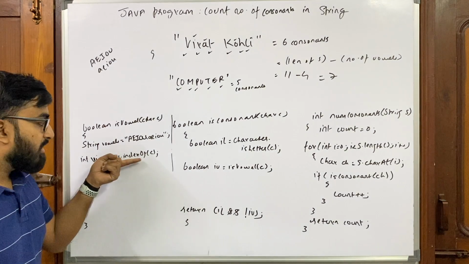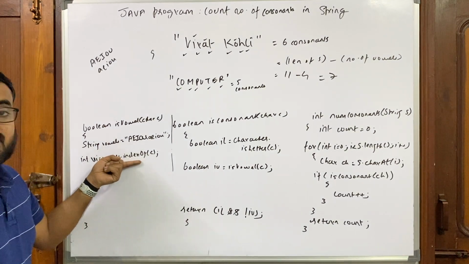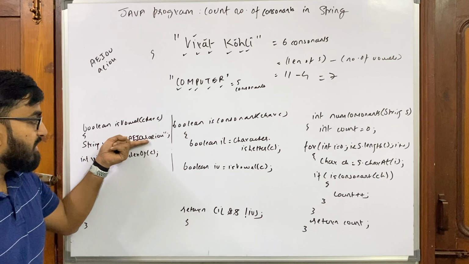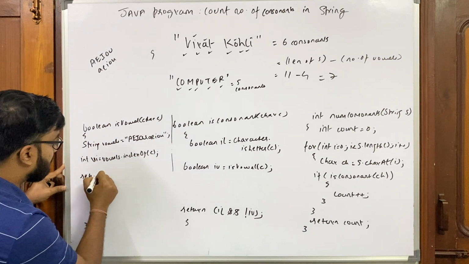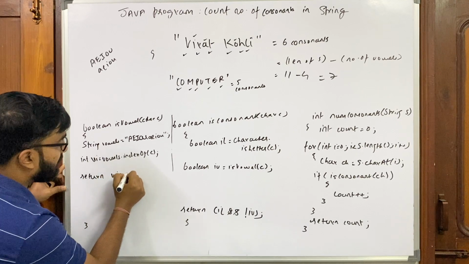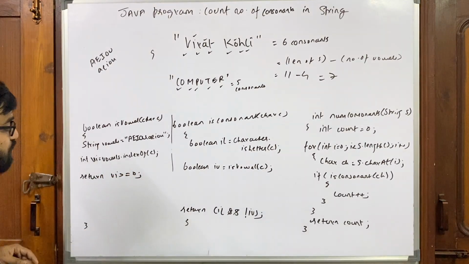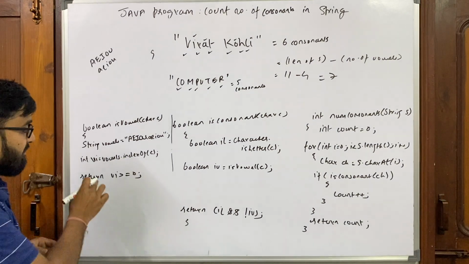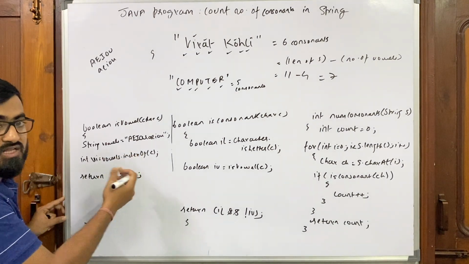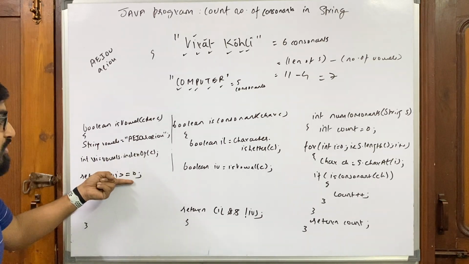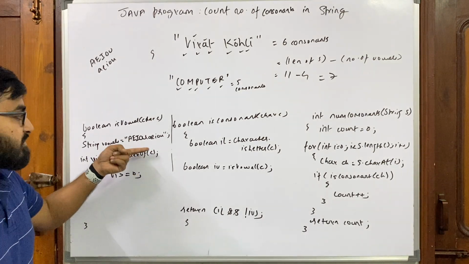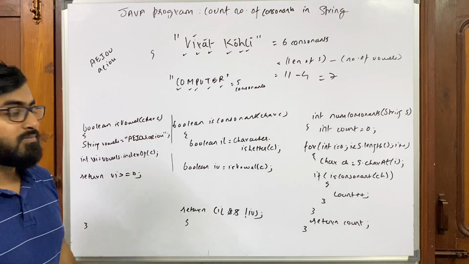So if the return value from indexOf is greater than or equal to 0, then C is one of these, it means C is a vowel. So all I have to check now is vowel index is greater than or equal to 0. You can divide this into an if else, that if VI is greater than or equal to 0, return true, otherwise return false. Or you can simply write this statement that if VI is greater than or equal to 0, it means C is a vowel because C is found in this string, okay?